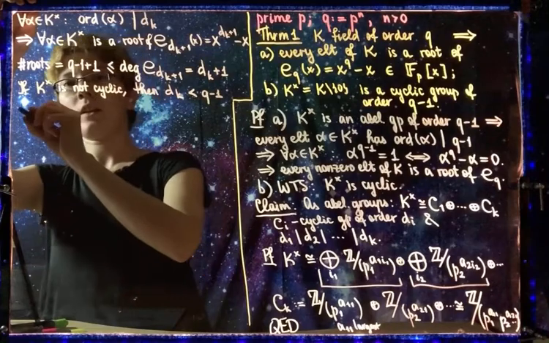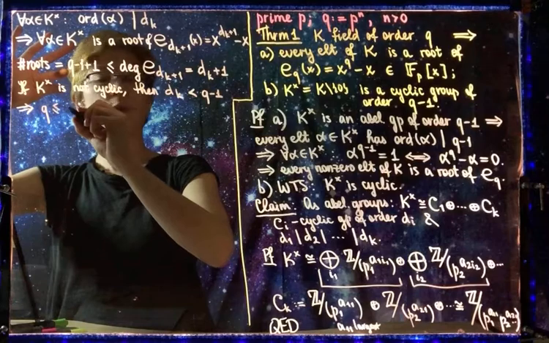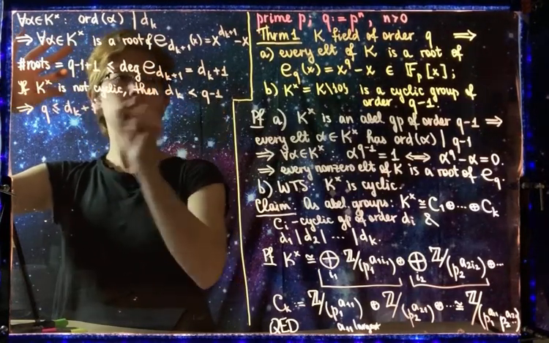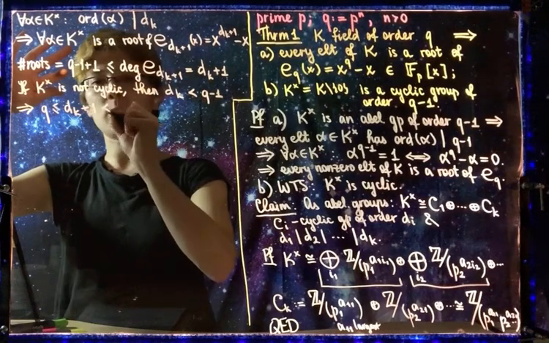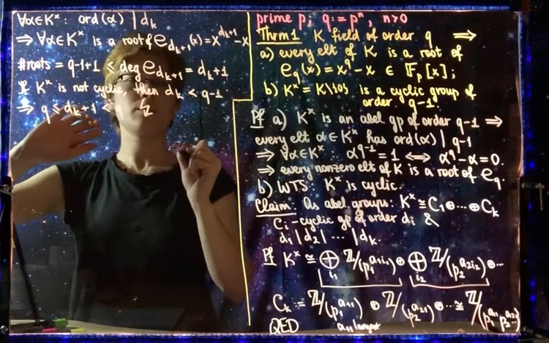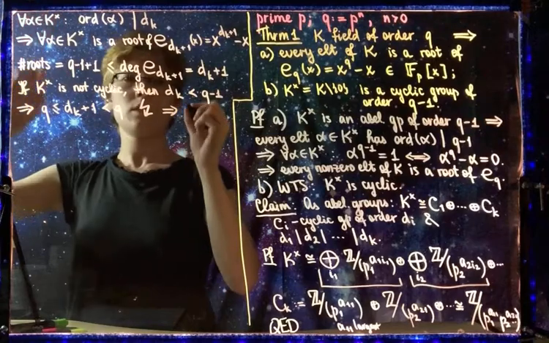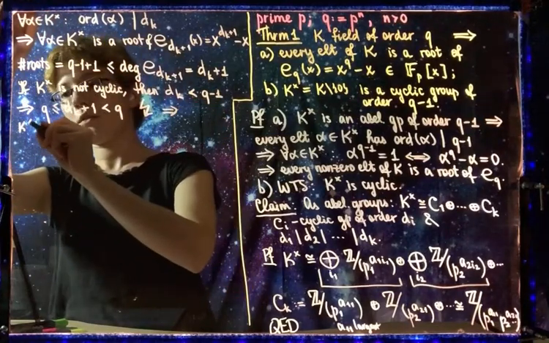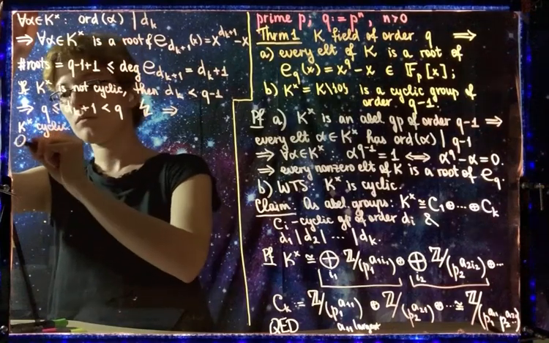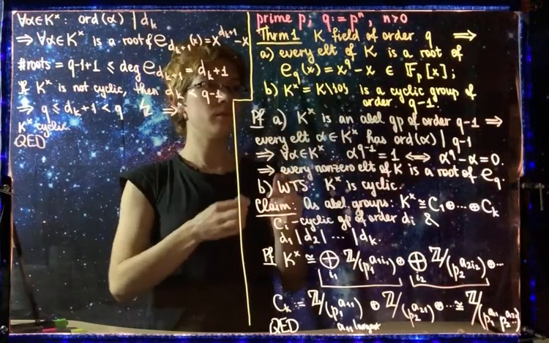And so from this inequality, I get that q is at most dk plus 1, but also dk is strictly smaller than q minus 1, so this is smaller than q, which is a contradiction. And therefore, k star should be cyclic. And we'll prove the second part of this theorem.